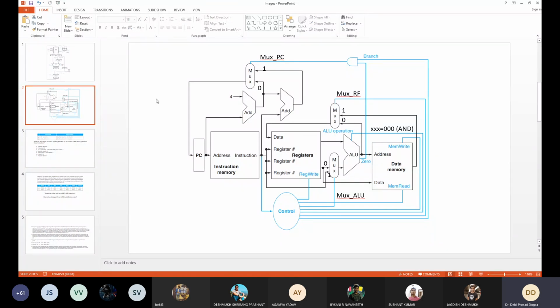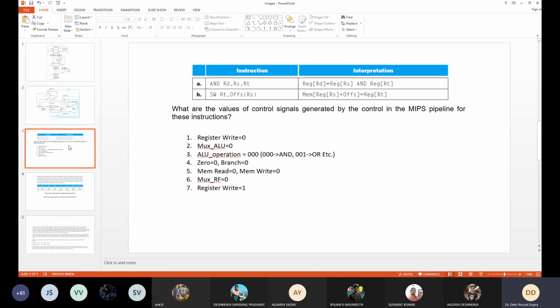That can come actually during the ALU stage, when the ALU generates the operation, then only.